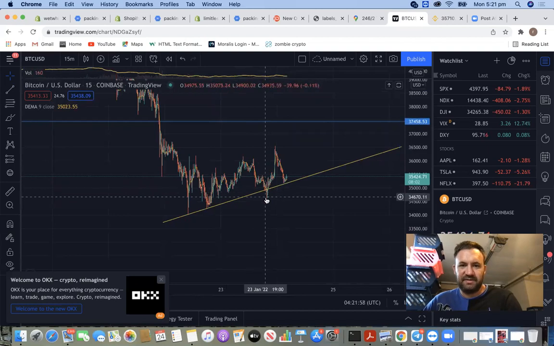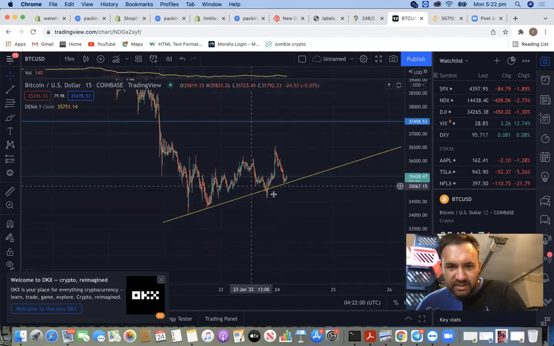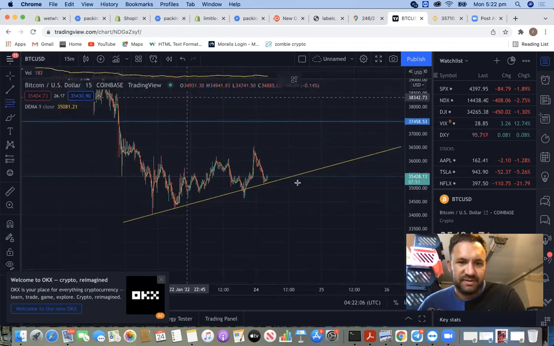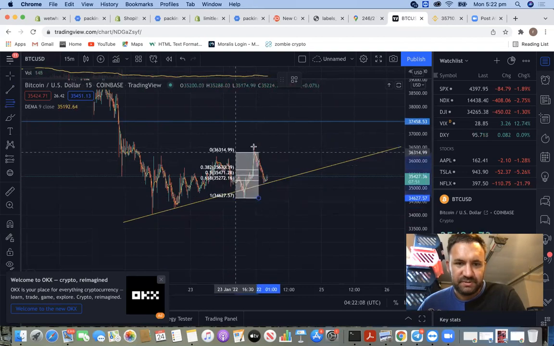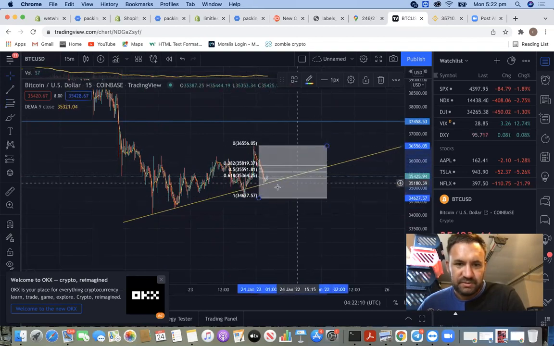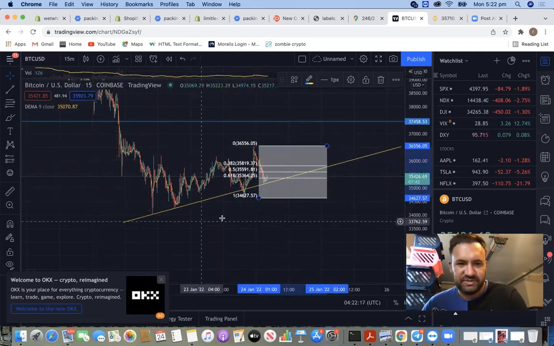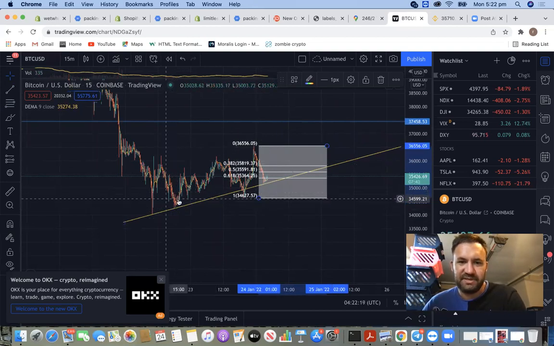Looks like we're faking out, but it bounced back up. And it just so happens that landed bang on the 618 also. 618, it's hit there, it's bounced hard. So that's basically using fib retracements and trend lines to find your buy-in zones.